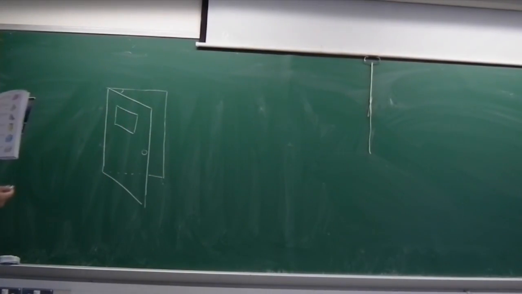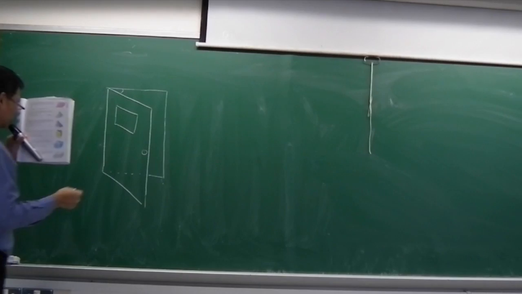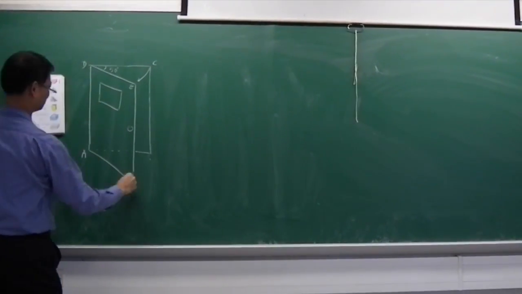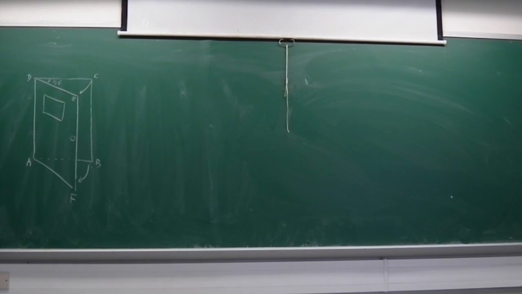The angle at which the door is open is 50 degrees. Now the dimension of the door is 120 times 190.